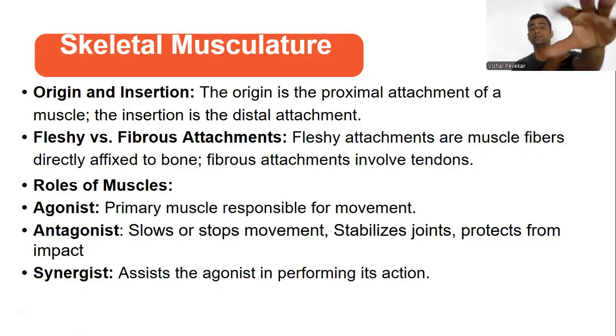I may experience a lot of impact at my shoulder joint, which may result in a shoulder injury, right? So this antagonist actually helps stabilize the joint, right? Protects you from impact and also stops the movement, right? So stopping is also important. The braking effect is actually through your antagonist muscle, right?